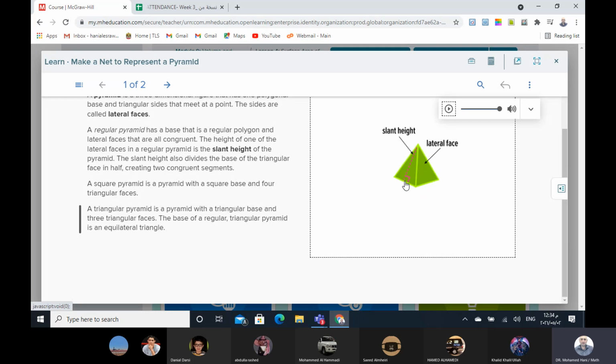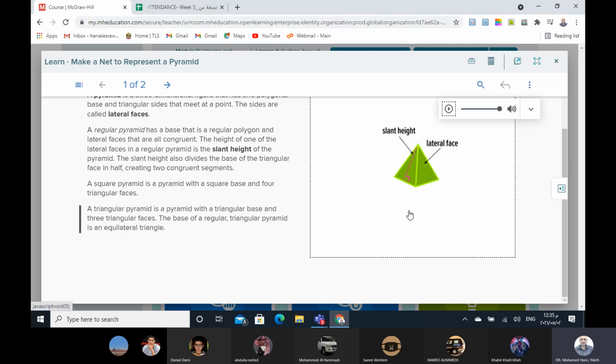The pyramid includes the base here, as you see, a square. So the name of this pyramid is square pyramid. And then we have four faces. The type of this face is triangle. The name of this face is lateral faces.